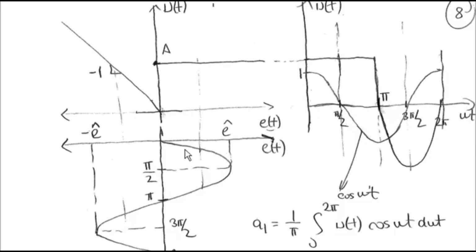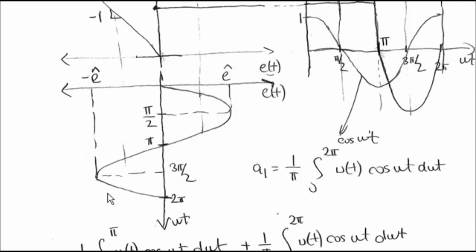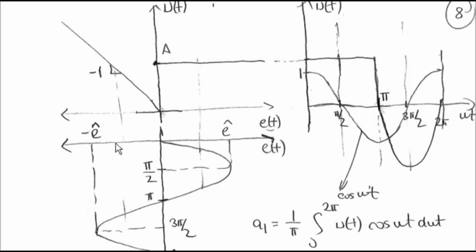The similar thing is actually correct for the interval pi to 2 pi. In that case, the sine function is again symmetric with respect to 3 pi over 2 this time. And since the nonlinearity is static, the output between pi and 2 pi will be symmetric with respect to 3 pi over 2. So due to the static property of the nonlinearity, this specific nonlinearity is not really important.